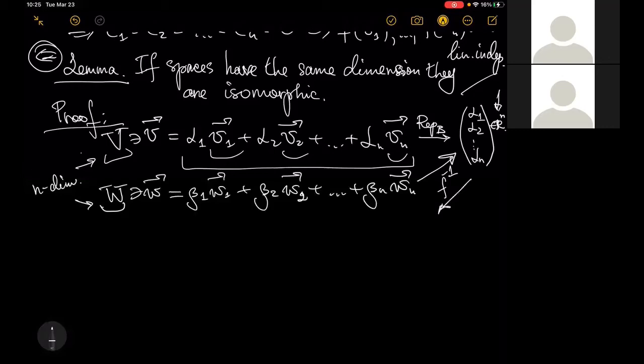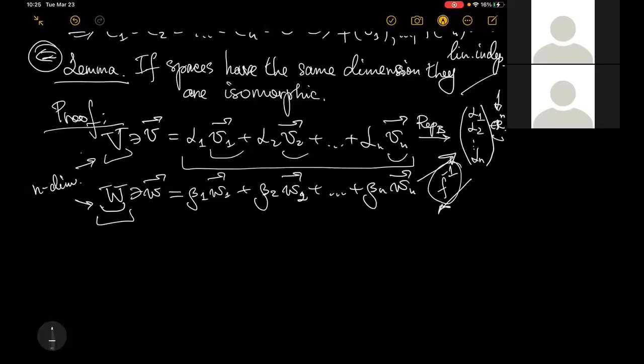And then I see that by transitivity, because V is isomorphic to Rn, and if I consider this inverse map, which is also isomorphism, I will get W. So by transitivity, I'm getting that V is isomorphic to W, right?